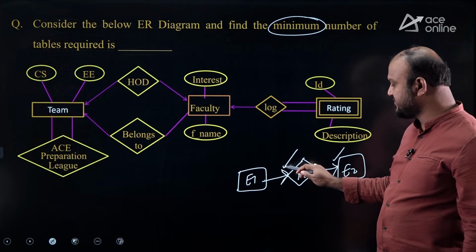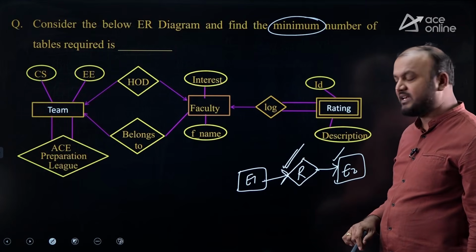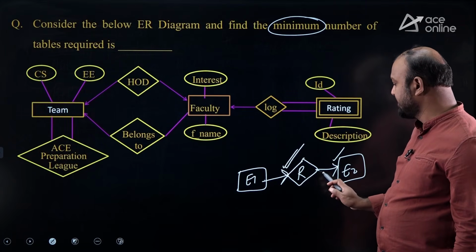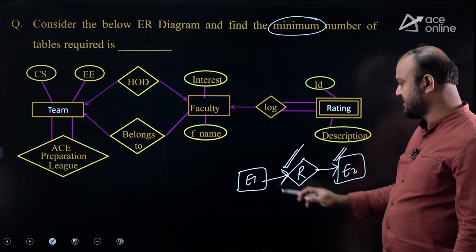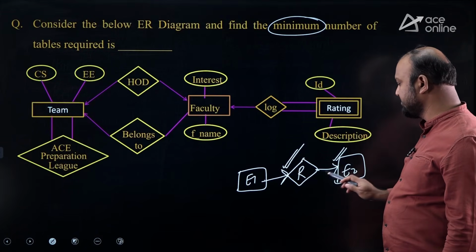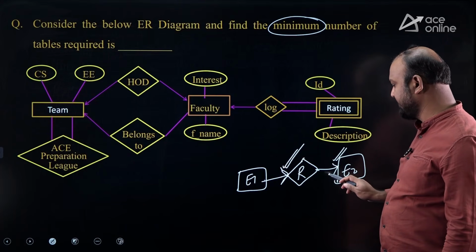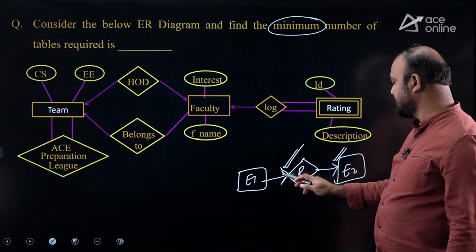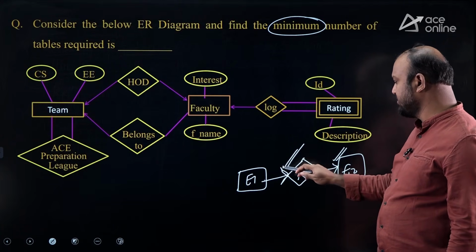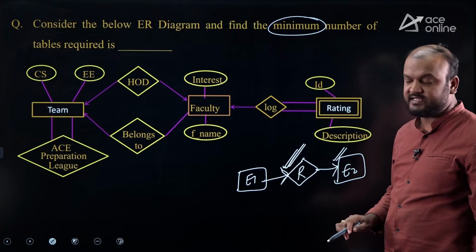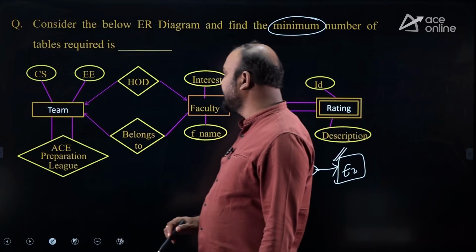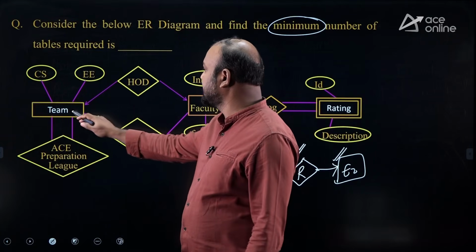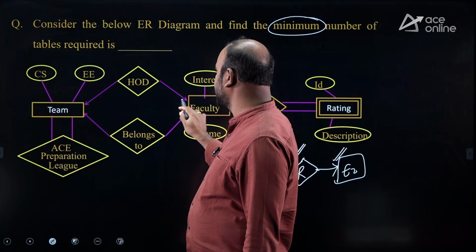But generally textbooks follow this arrow, though in one of the previous GATE questions, the arrow is given at this side, but both meanings are the same. We are following this notation because we are following the standard textbook notations. So according to these notations, look at team to faculty, here an arrow is there.